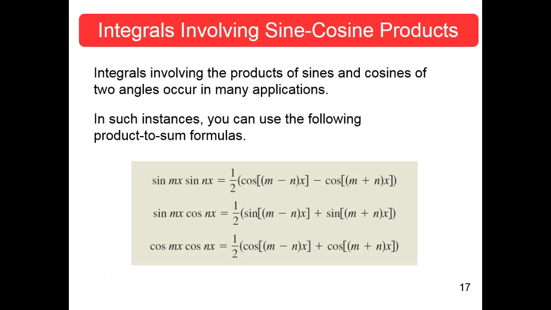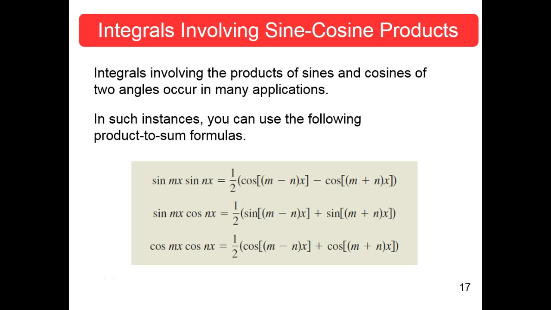And this is just reproducing them for you. I could show you how they got these, but it's better to just look it up. But let me remind you. Remember cosine of a difference? That is cosine of mx minus nx, which would be cosine mx cosine nx plus sine mx sine nx.